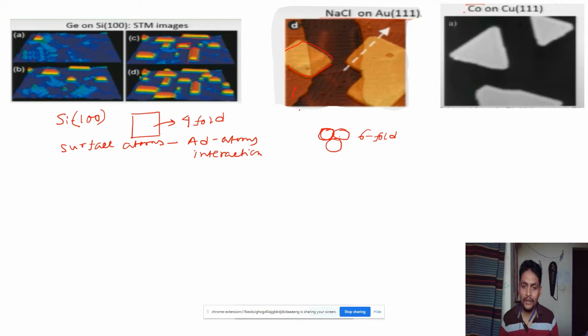So my surface is hexagonal, or has six-fold symmetry, but my adlayer is practically a square or rectangle. That means four-fold. So there is no such role of the surface. The surface symmetry is not able to guide the adatom growth. So that means it is the adlayer interaction, that is practically adsorbate interaction.